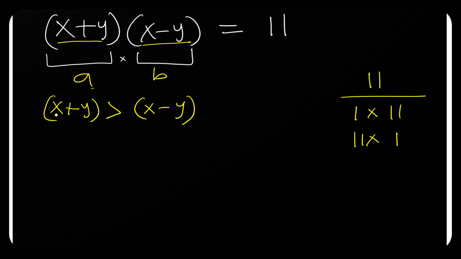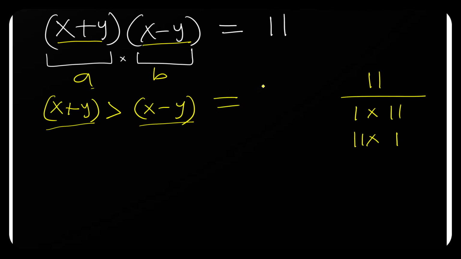So even if x is 2 and y is 3, once you plug in 2, 3, this side will be 5, this side will be negative 1. When x is 1, y is 1, this side will be 2, and this side will be 0. So in whatever way, this side will be more than this side. And therefore, we state that the first term should be more than the second term.